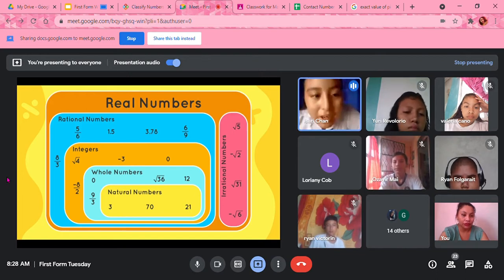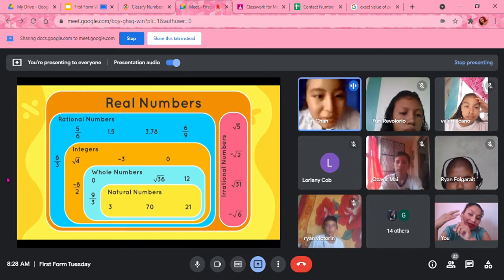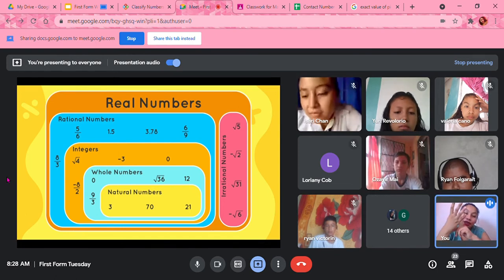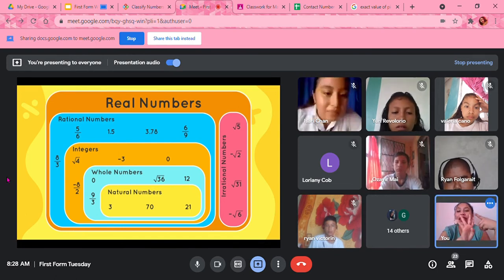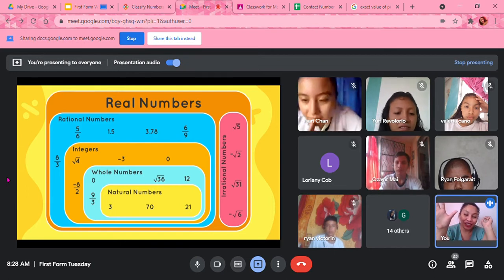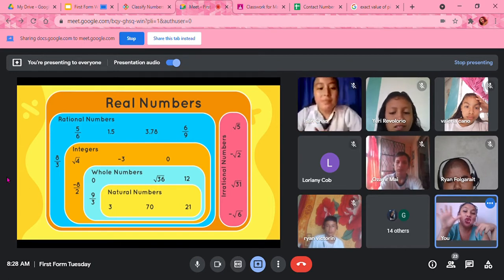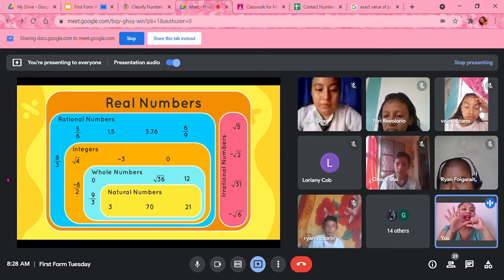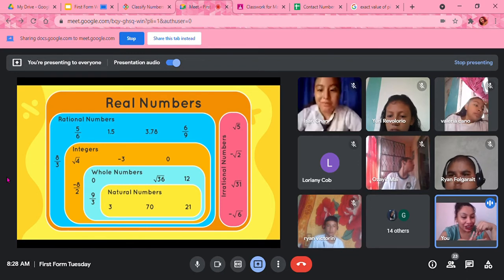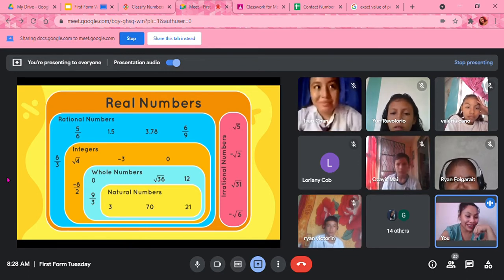It's a whole number, an integer, a rational number, real numbers. Okay, you forgot one though. Which one did you forget? Natural. Very good. So 21 is a natural, a whole number, an integer, a rational, and a real number.